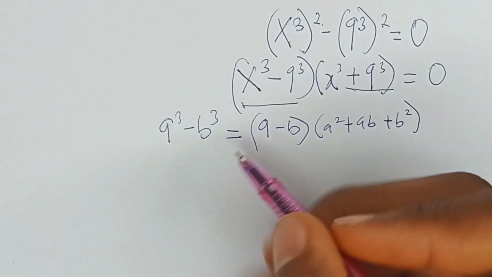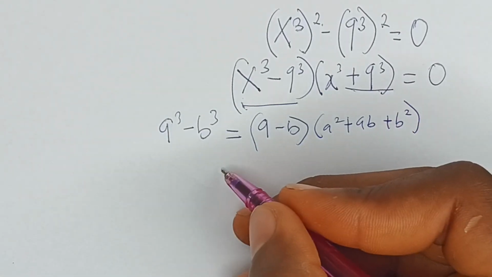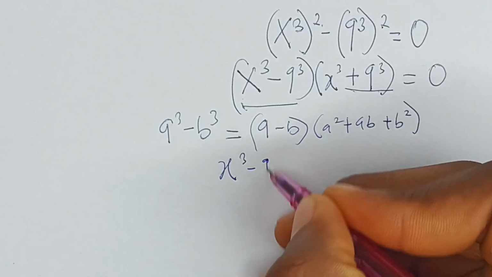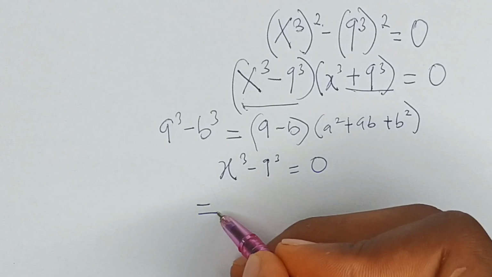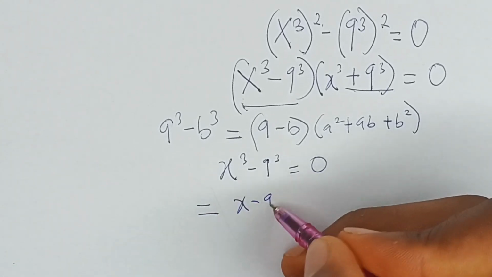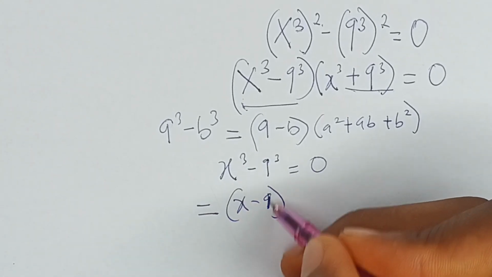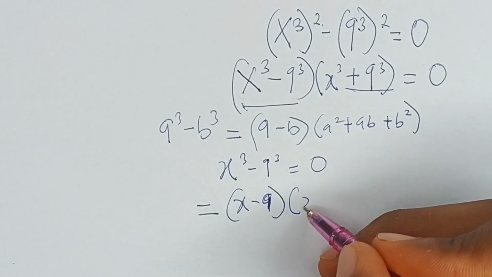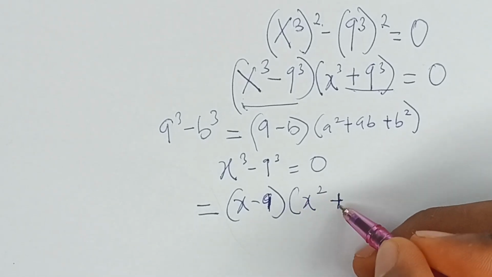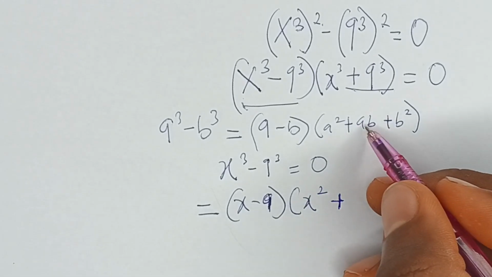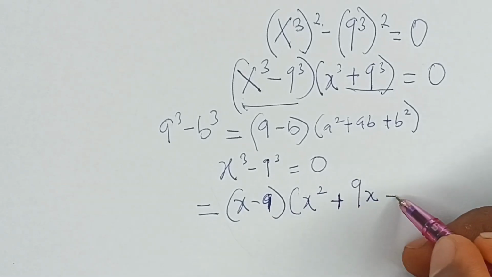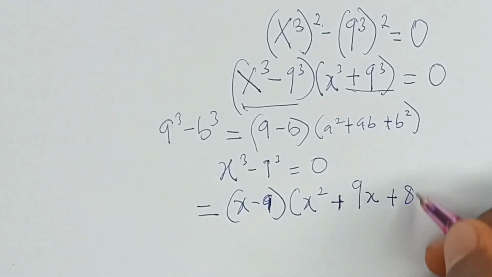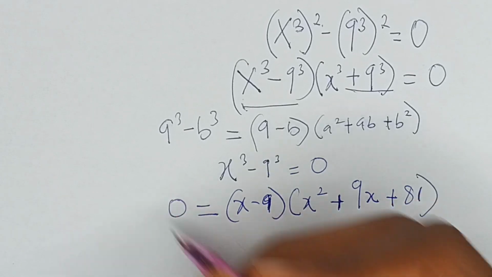So x raised to the power 3 minus 9 raised to the power 3 is equal to 0. From this law, this becomes x minus 9 multiplied by x squared plus 9x plus 81, being equal to 0.